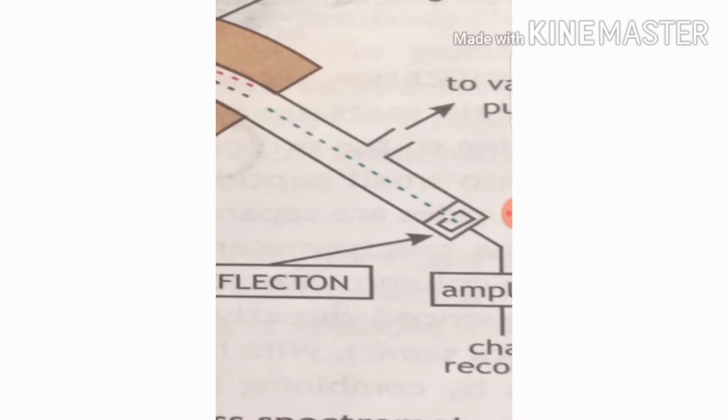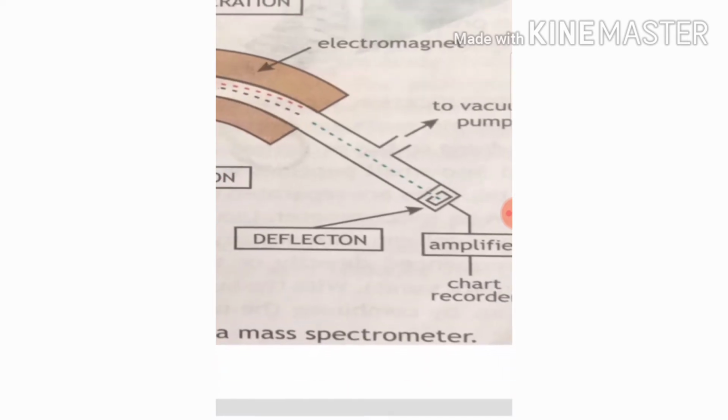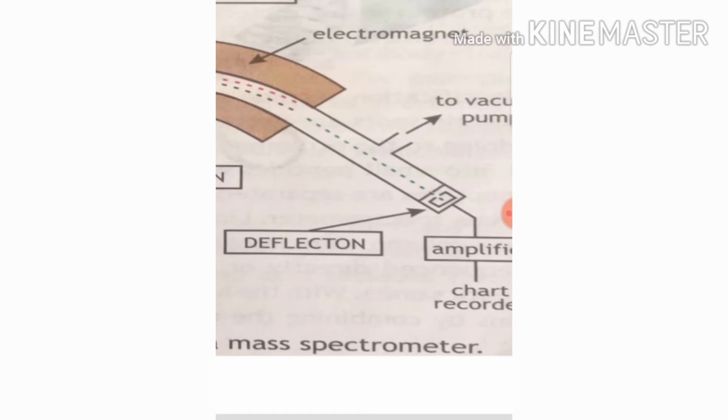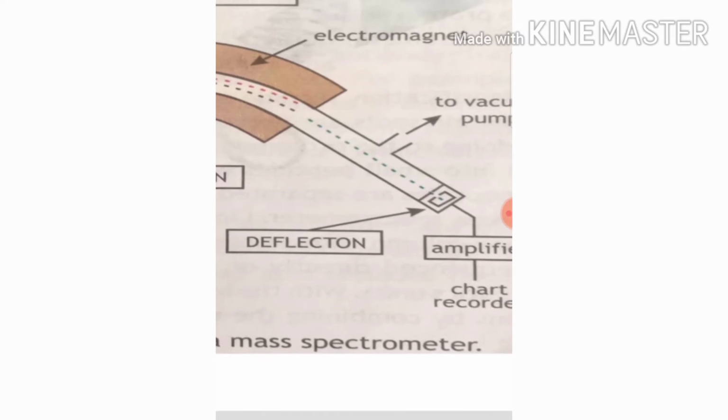Now, when they are deflected, a mass spectra is generated on the detection unit.